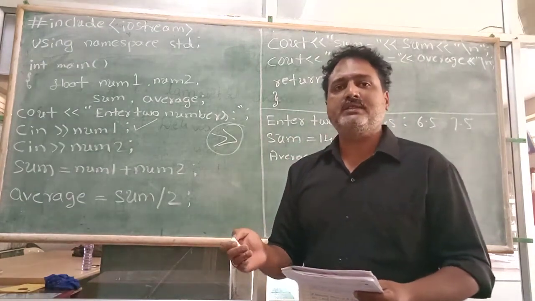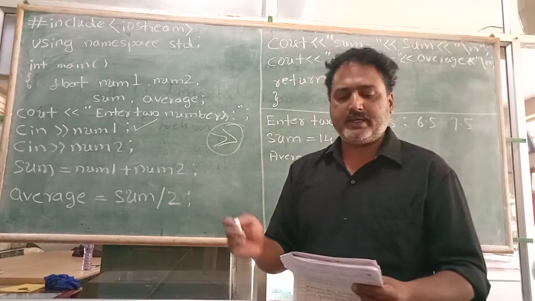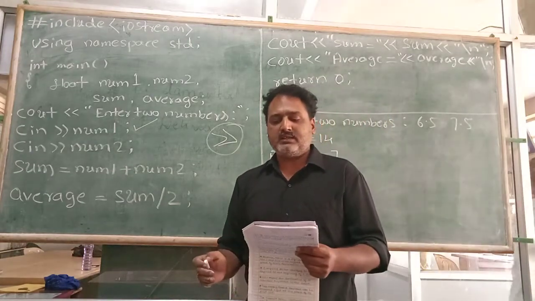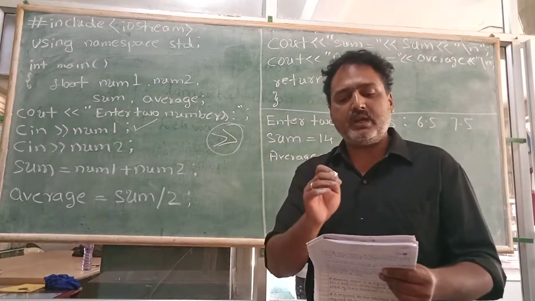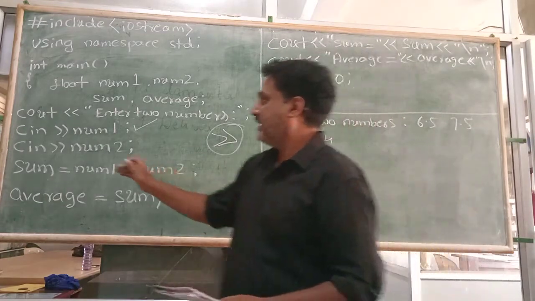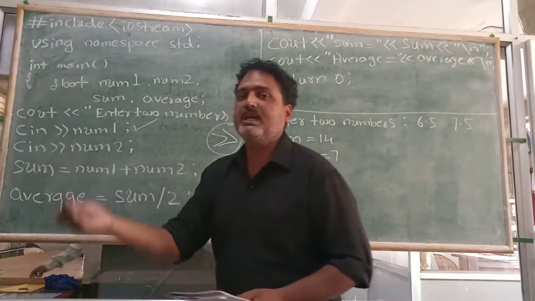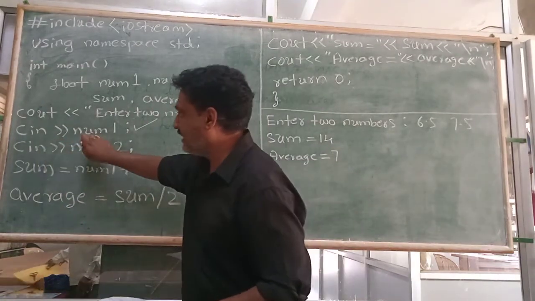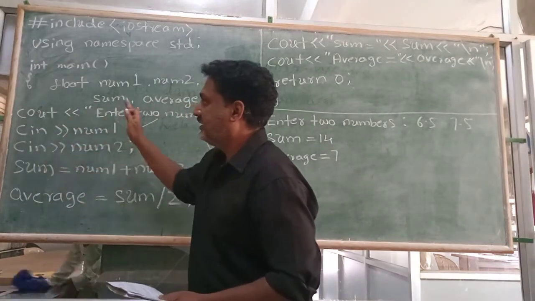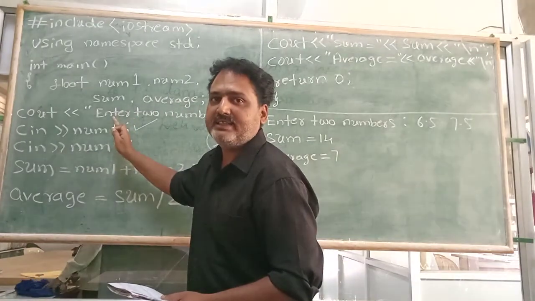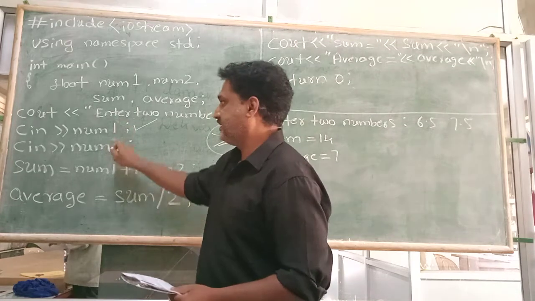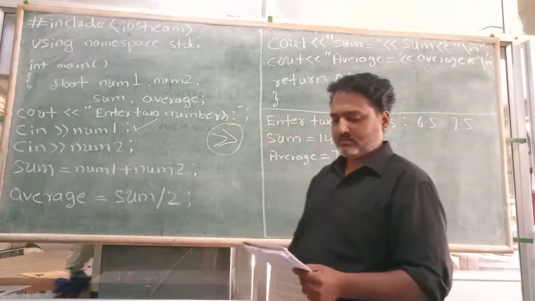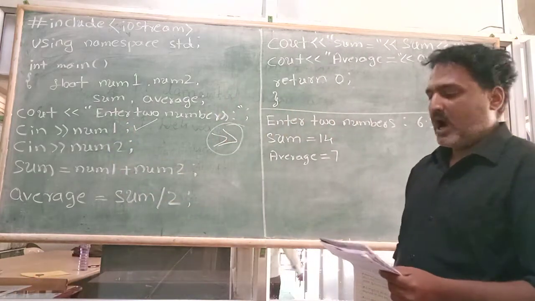So it is known as the extraction operator. It extracts the value from the keyboard and assigns it to the variable which is placed on the right side of these angular brackets.